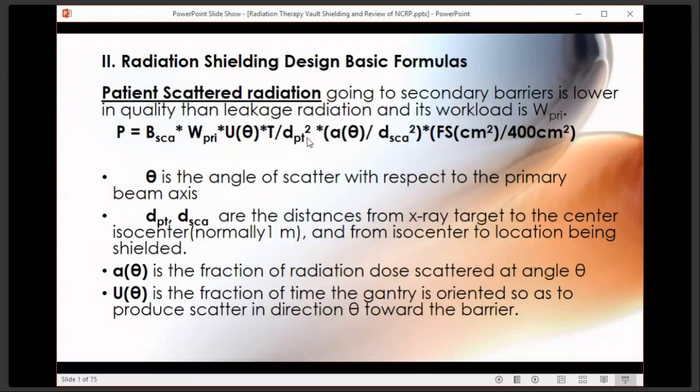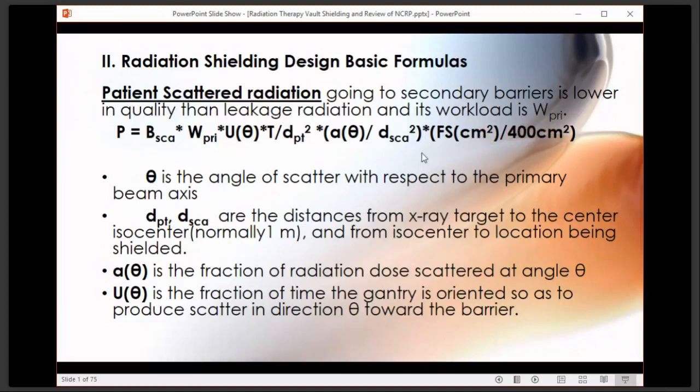the distance from the patient to the isocenter, usually that's 1 meter, and a factor called A theta, which is the fraction of radiation dose incident on the patient that's actually scattered at angle theta. And then there's a field size dependence factor here. Most of the time we take this to be a 20 by 20 field so that the area is 400 square centimeters, and this factor becomes 1.